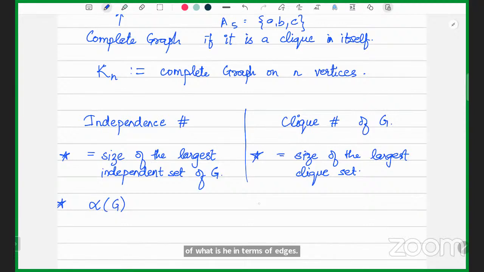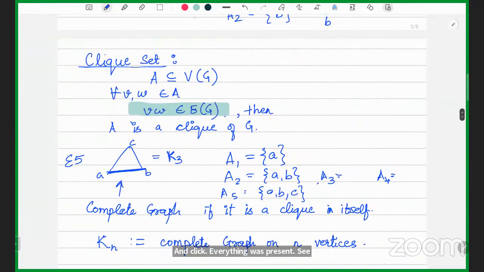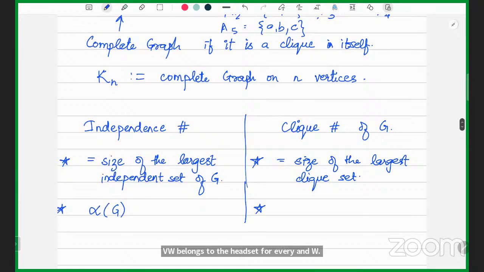And clique meant everything was present: vw belongs to the edge set for every v and w. So this one is omega of G. Because if you look at the Greek alphabet, it starts from alpha being its first letter and omega being its last letter.